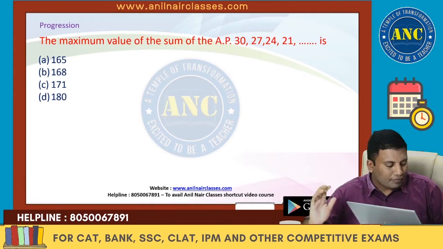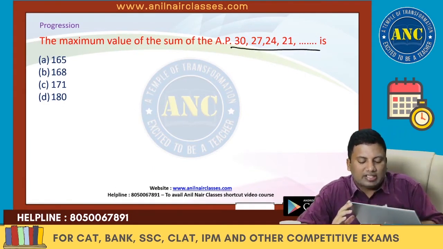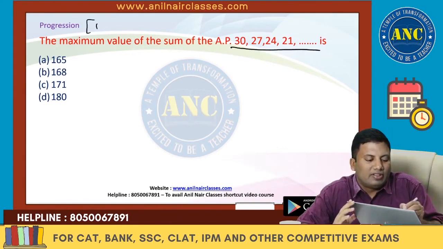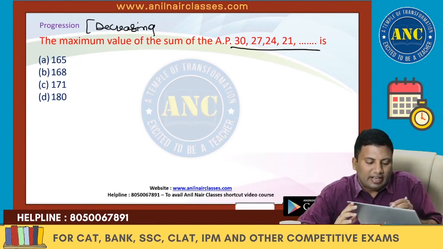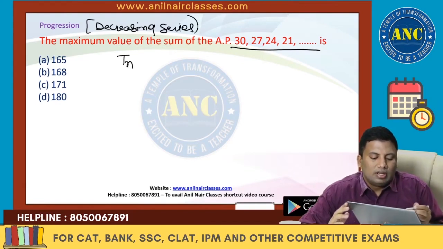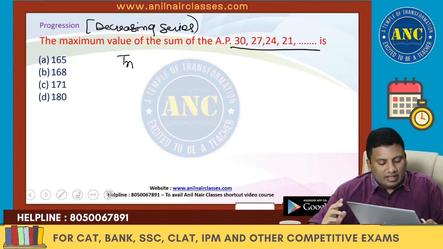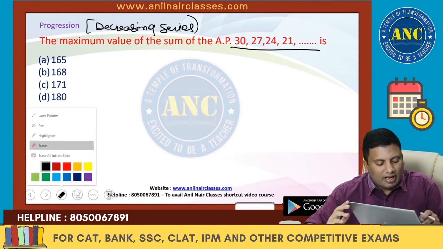Another, various models in every question: 30, 27, 24, 21. These are nothing but a decreasing series. If I take a decreasing series, I have to do it in such a way that the maximum value is there.